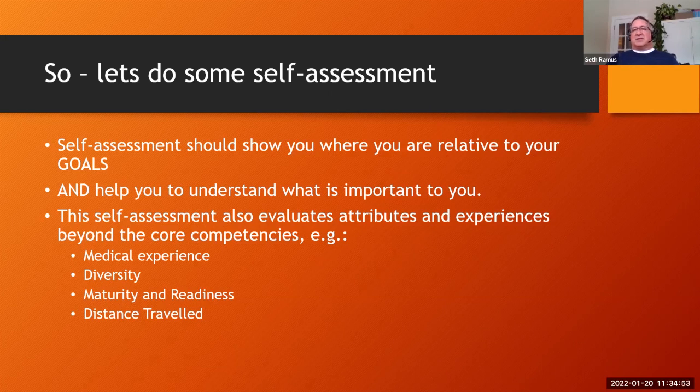Medical experience, for example. There's two reasons why you need to have medical experience. One is that, from the medical school perspective, they want to know that you're going to make it through medical school, that you're not going to tap out halfway through going, God, every time I get into the hospital, I start gagging. I can't stand being around sick people.